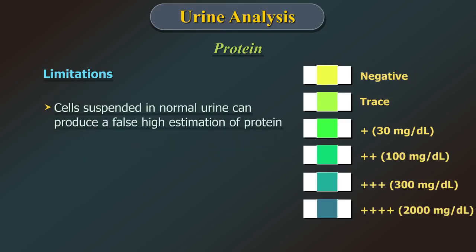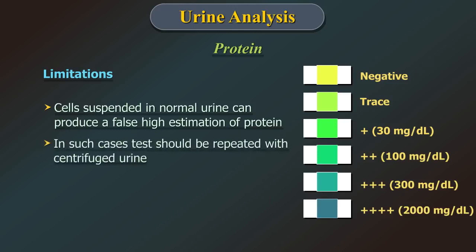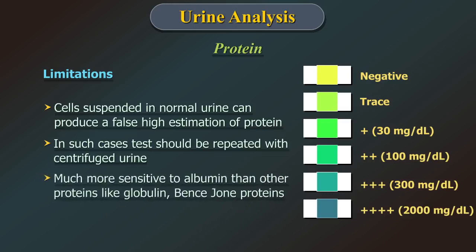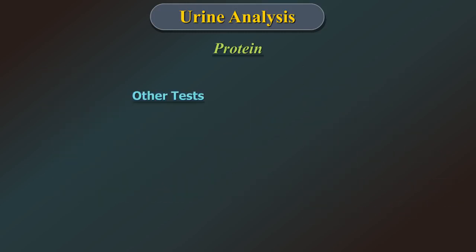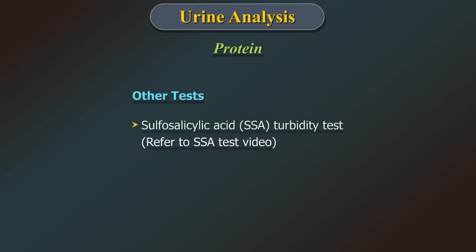Cells suspended in normal urine can produce a false high estimation of protein. In such case, the test should be repeated with centrifuged urine. It is more sensitive to albumin than other proteins like globulin, Benz-Jones proteins. The other tests include the sulfosalicylic acid turbidity test and the urine protein electrophoresis.